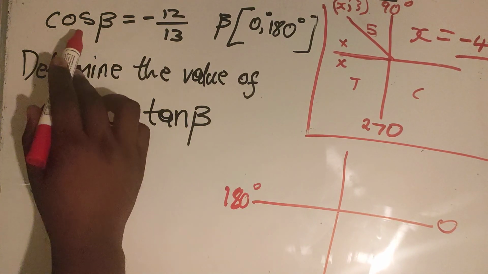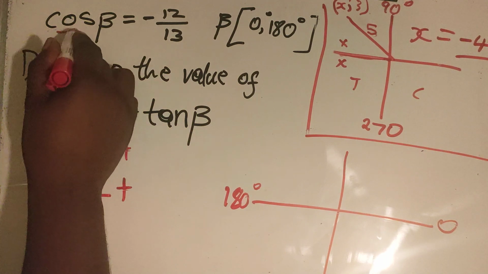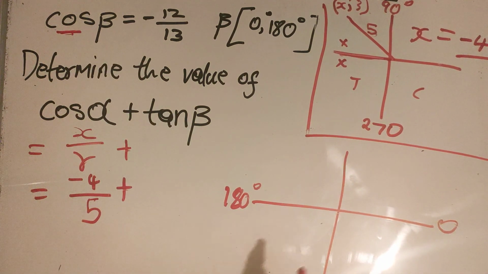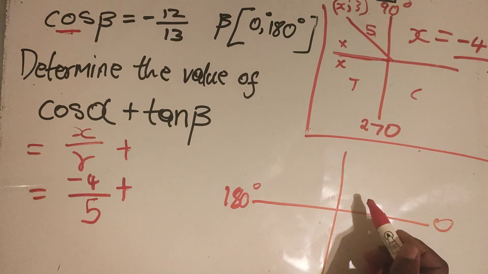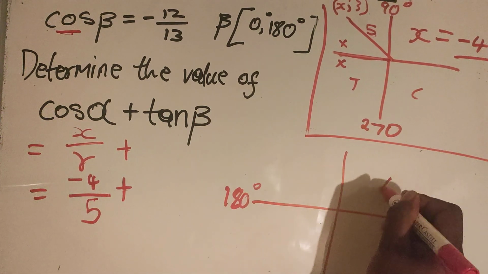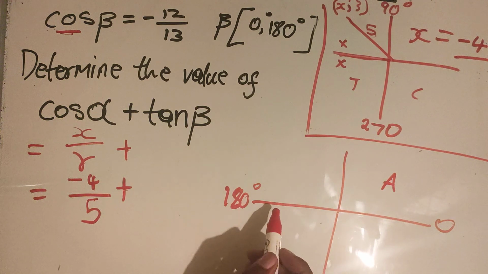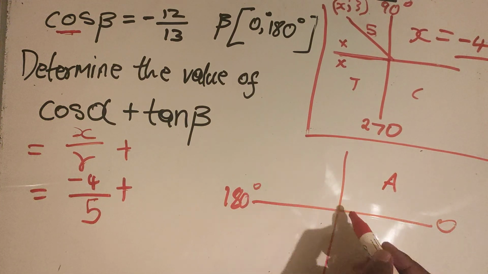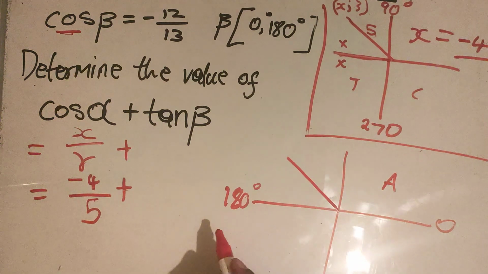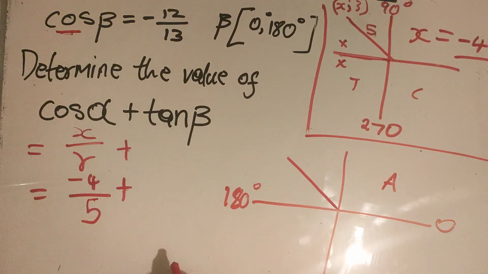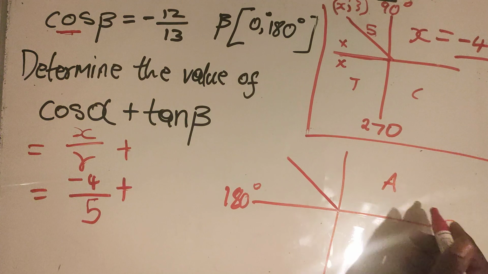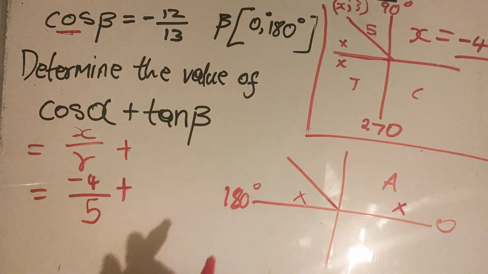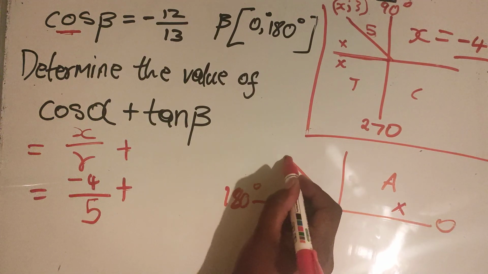And we know that cos is negative. So if cos is negative, cos is negative on which quadrant? Not on the first quadrant, on the second quadrant, because on the second quadrant only sine is positive. So we are working with this quadrant according to this. And according to this, we had to deal with quadrant 1 and quadrant 2. So quadrant 2 wins.